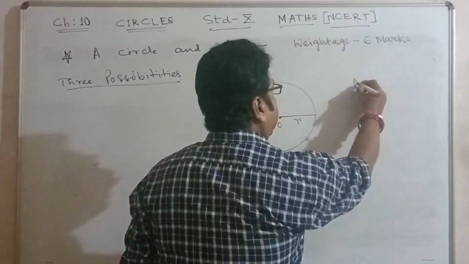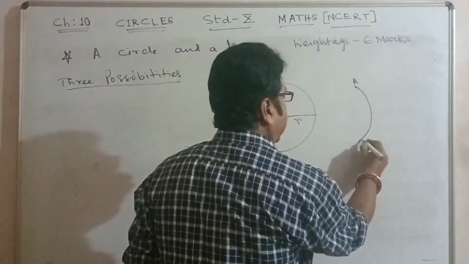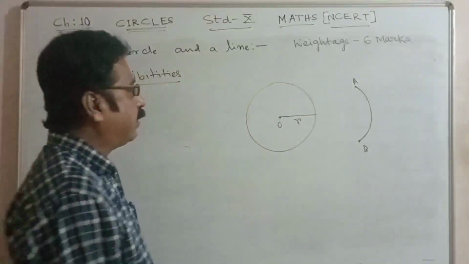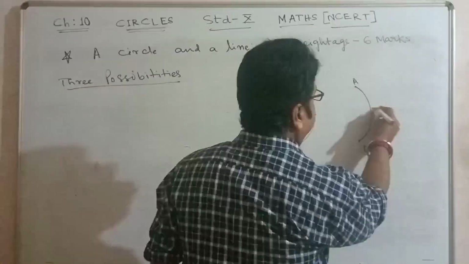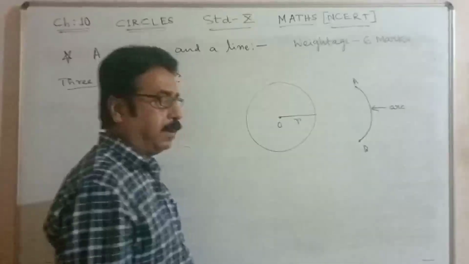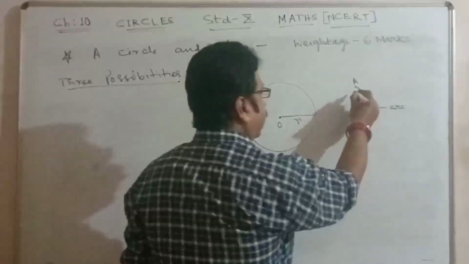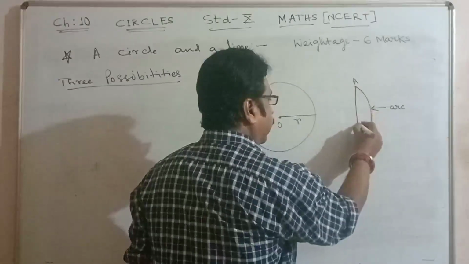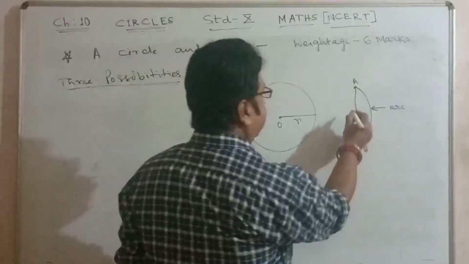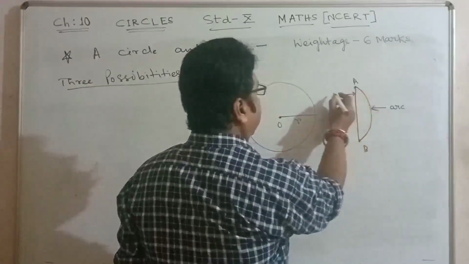Let us name A, B. This much part is called as the arc of a circle, and this is the chord of the circle. This part is chord.